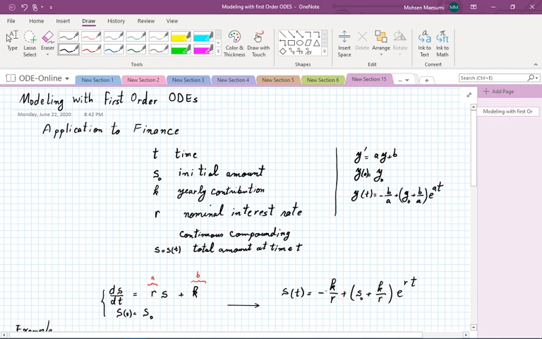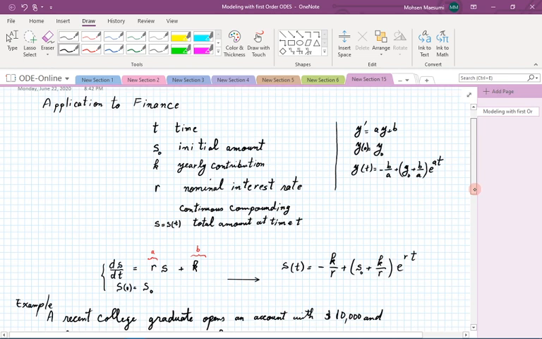It's going to be negative b over a, which is negative k over r, plus S0 instead of y0 plus k over r, times the exponential of rt. So that is rather quick. Let's go ahead and apply that to a scenario.